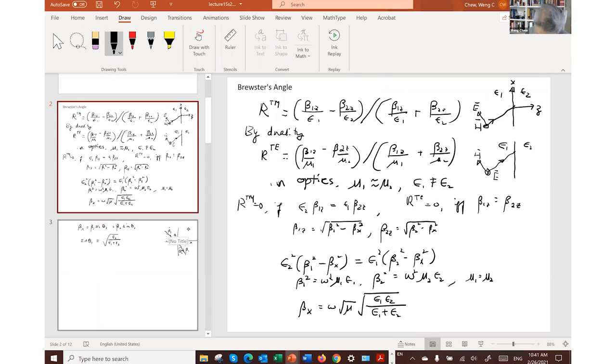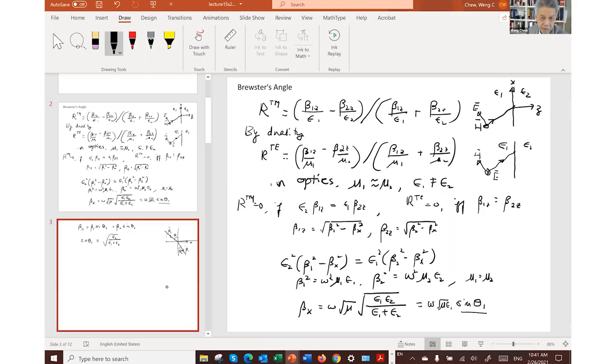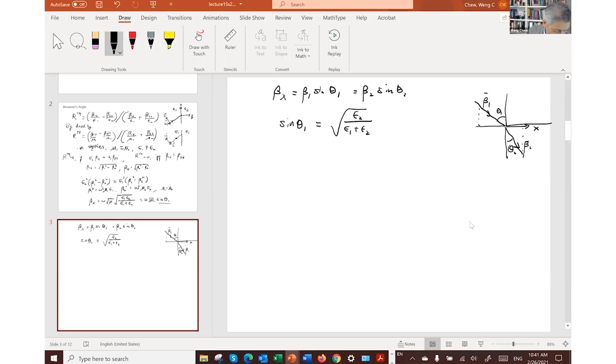If I write beta x as omega squared mu epsilon 1 sine theta 1, you can see that sine theta 1 is the rest of the factor, if I assume that mu is the same everywhere. So I get this factor right away. And then I get sine theta 2 to be epsilon 1 over epsilon 1 plus epsilon 2 by the same token.